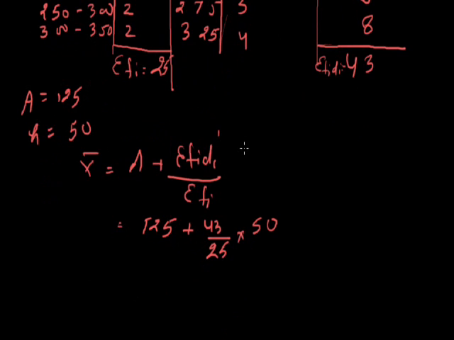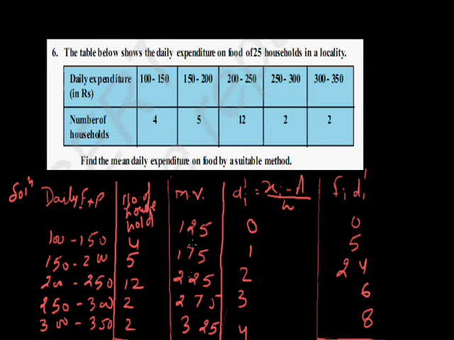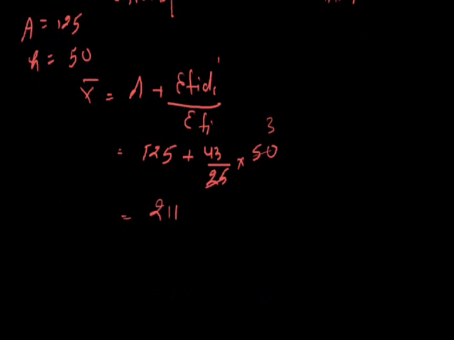Now this cancels to 2 times, so this is 125 plus 86. Now this is 211. This is the mean expenditure.